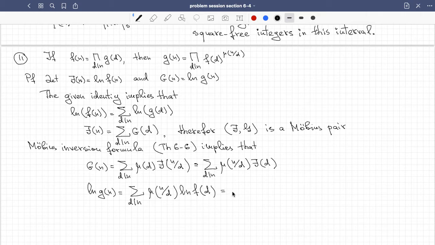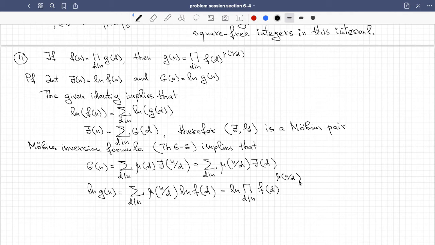I will do both transformations, writing logarithm outside, and we have inside product over divisors of n of f of d taken to the power mu of n divided by d.